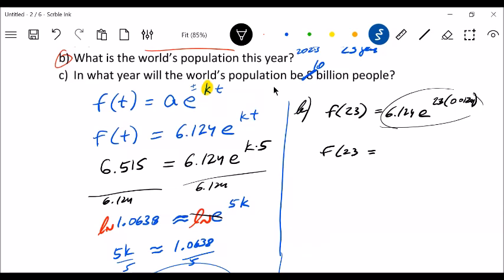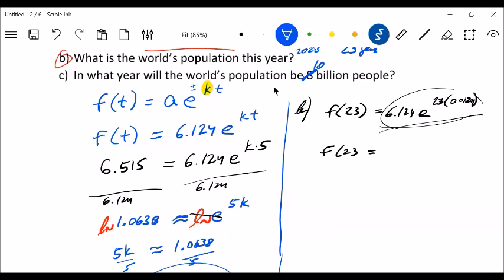6.124 times letter E, and then up in the top of it, it's 23 times 0.0124. Okay, so I'm following this order in the calculator.